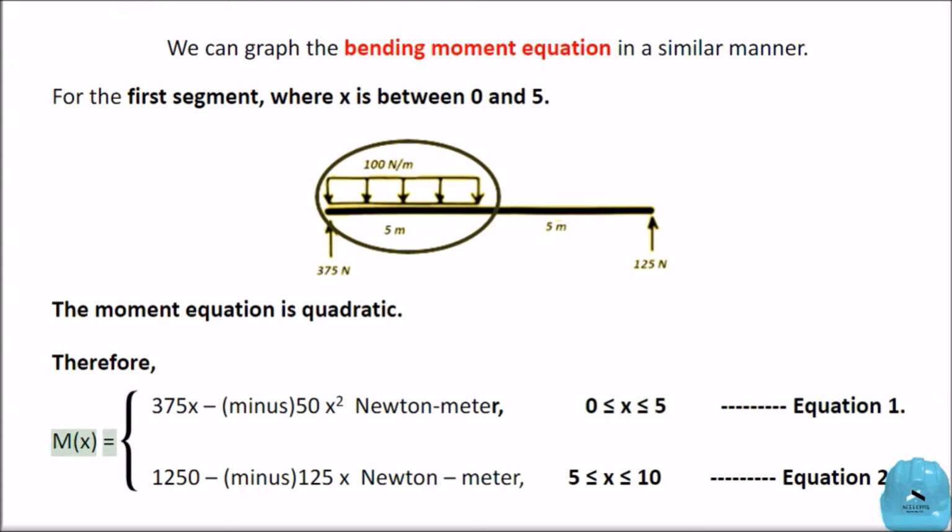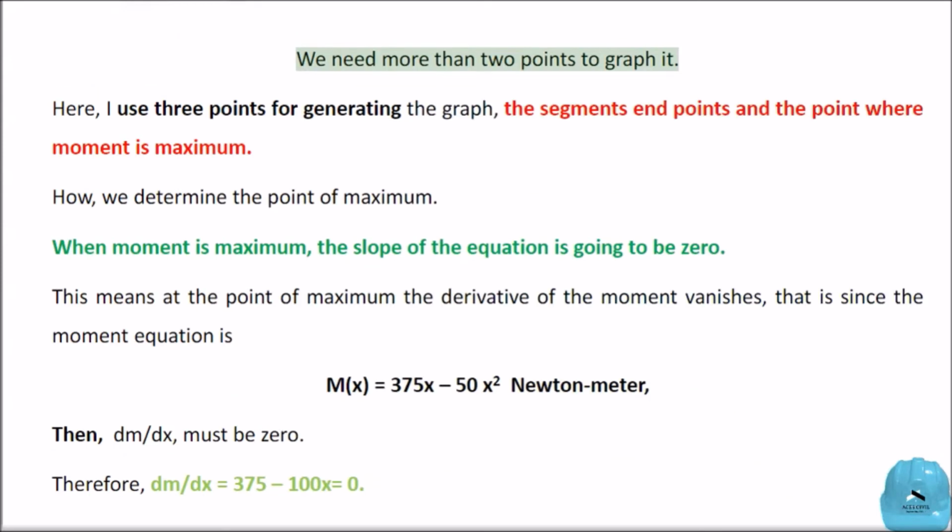M(x) equals 1250 minus 125x Newton meter, 5 ≤ x ≤ 10. Equation 2. We need more than 2 points to graph it. Here, I use 3 points for generating the graph: the segment's endpoints and the point where moment is maximum.